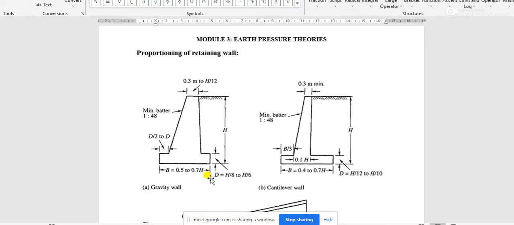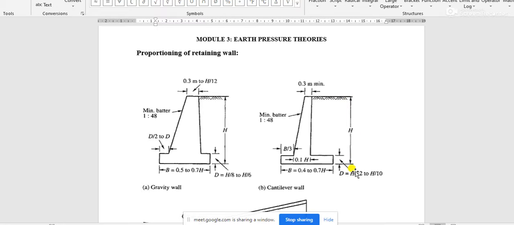Now, as per the provision, the top thickness of the retaining wall should be between 0.3 meter and h by 12. Here h is the total height of the retaining wall, shown in this gravity retaining wall and this cantilever retaining wall.